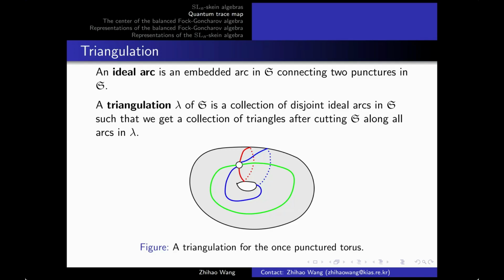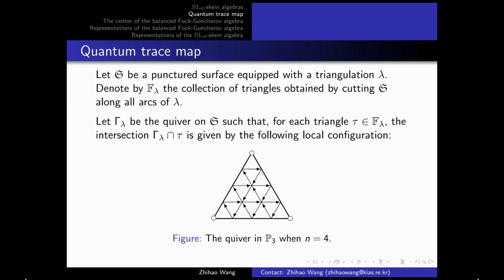Of course, not all surfaces have a triangulation, but we don't care about this. We just assume in this talk every surface has a triangulation. So if we have the triangulation, just like I said before, to define the quantum trace map, the target space is a quantum torus.